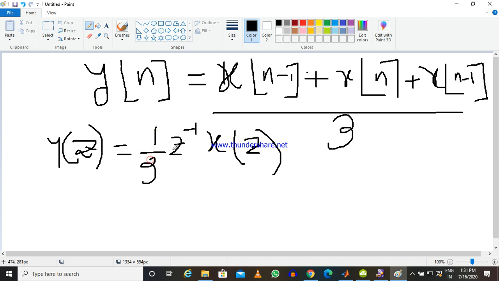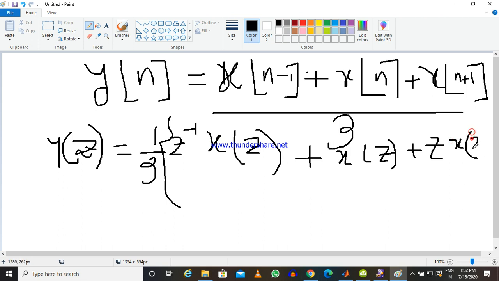Here I will take 1/3 common. Here it is X(z), and here z into X(z).